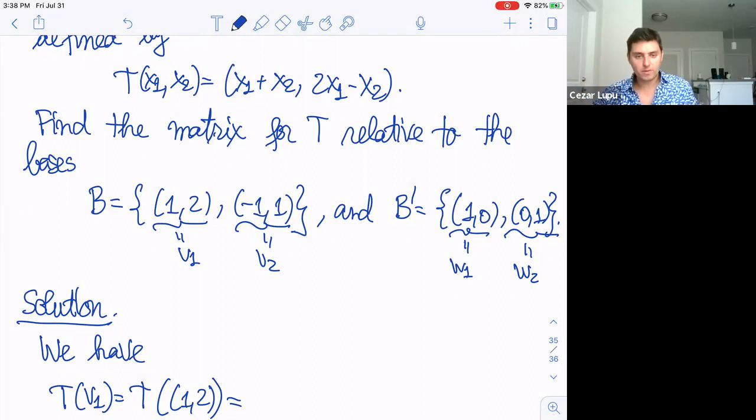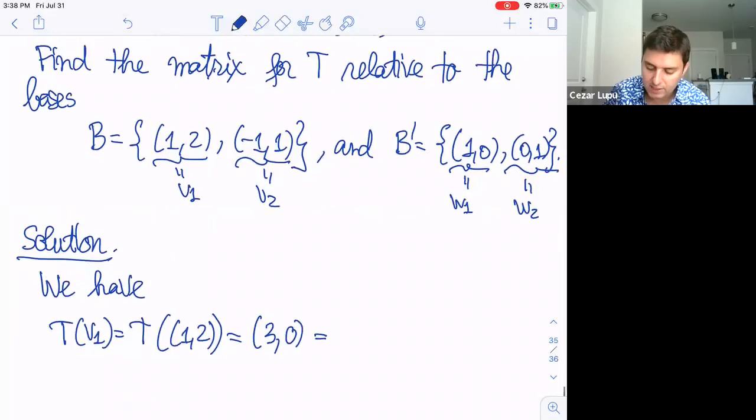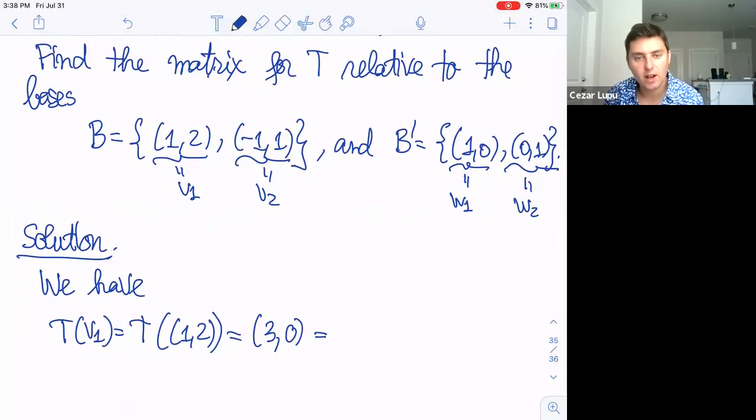What is T of V1? You just replace it there, right? So x1 will be 1, x2 will be 2. So 1 plus 2 is 3, and the second one is 2 minus 2, so 0. Which I can express as a linear combination of the vectors in B prime, which will be 3 times W1 plus 0 times W2.